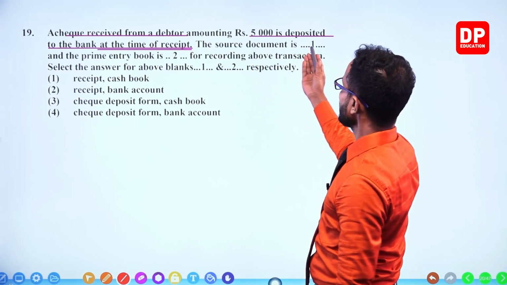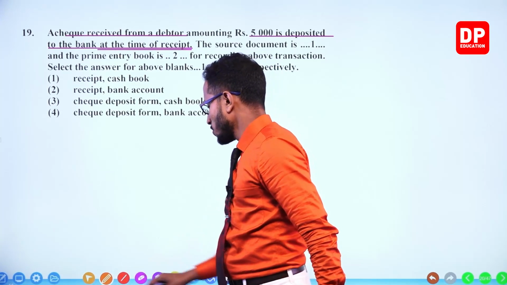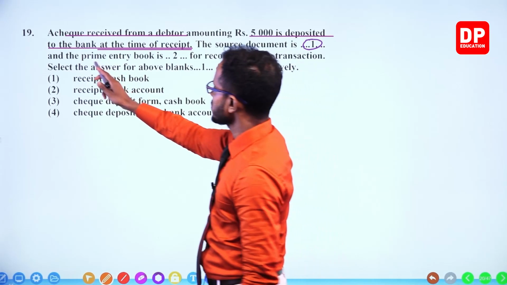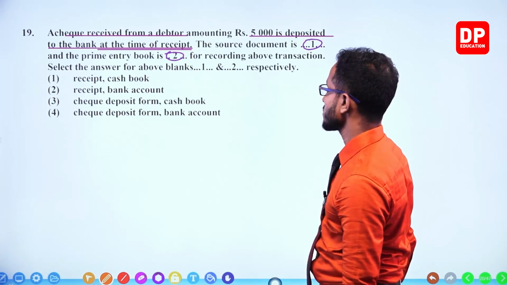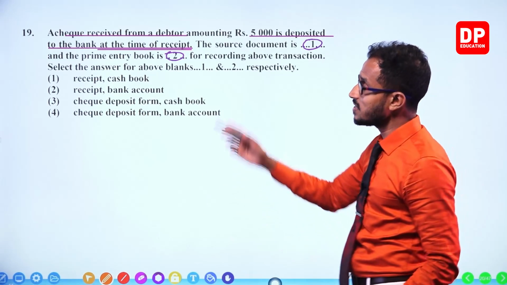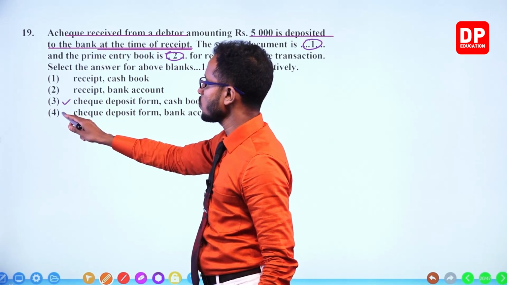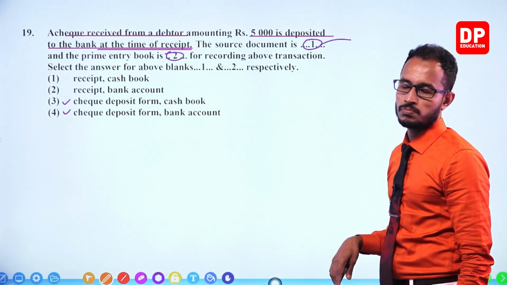So the source document is number one. Prime entry book is number two for recording the transaction. If it is directly sent to the bank, the source document is the deposit slip, the check deposit form. We have two answers with the check deposit slip.